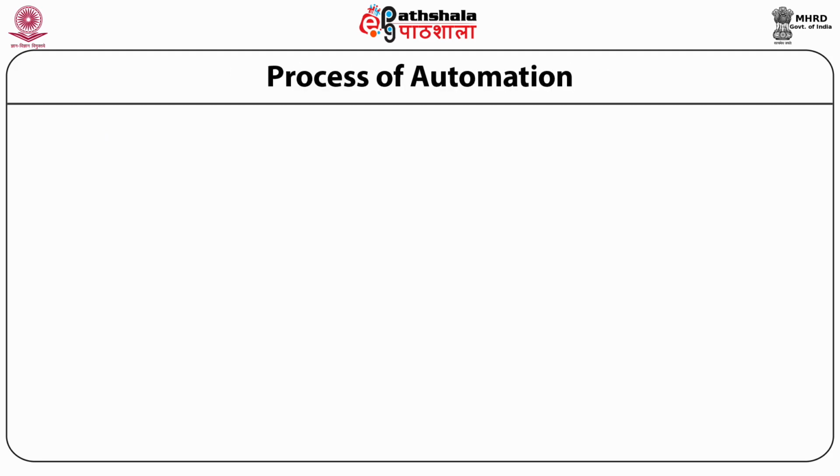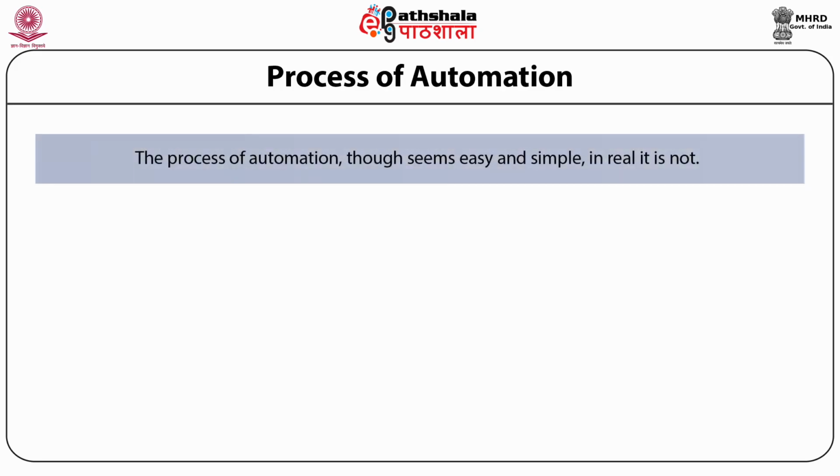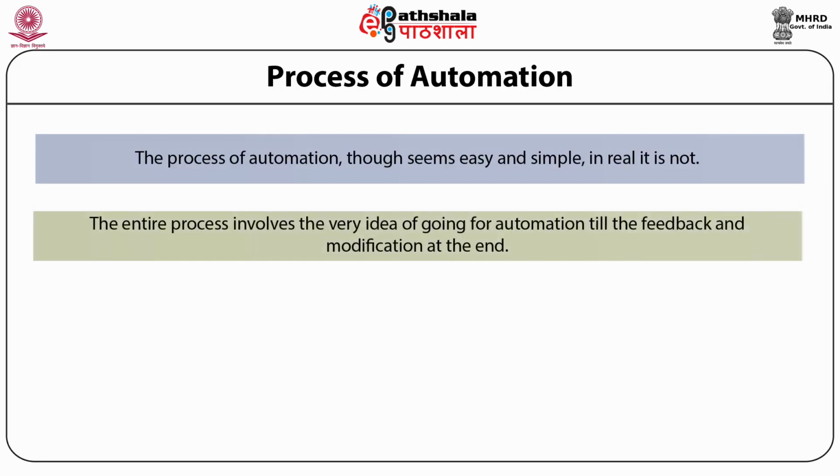Well, but the difficulty is how to go ahead with this process of library automation. If you go statistically in India, in major cases you find automated libraries. Difficult in the sense that the process of automation, though it seems easy and simple, in reality is not. The entire process involves the very idea of going for automation till the feedback and modification at the end.